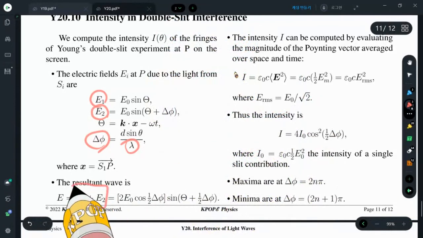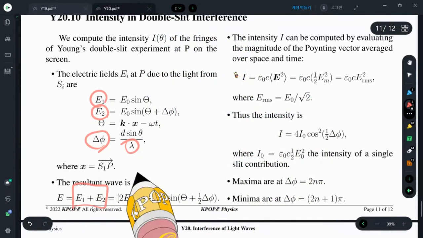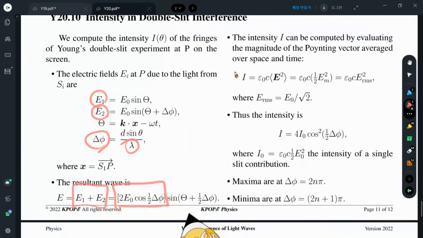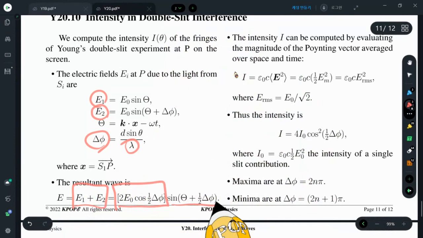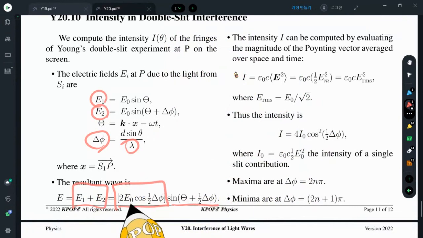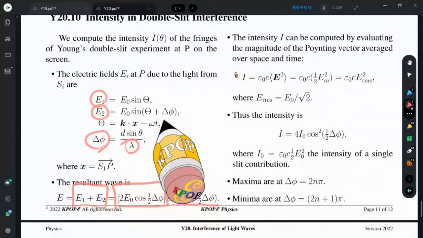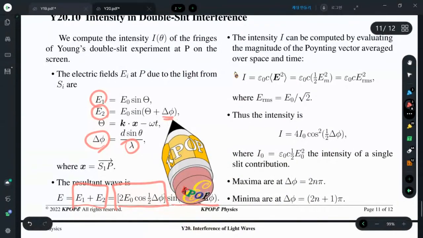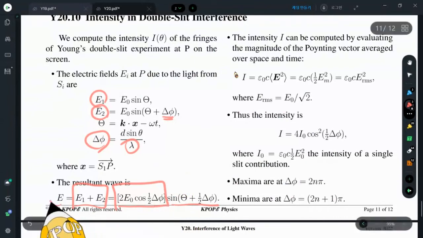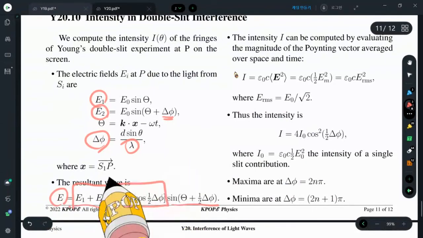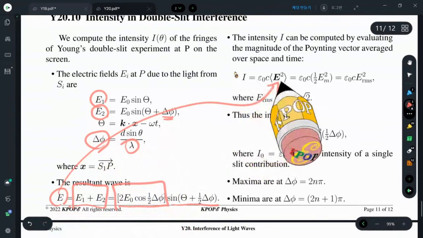And if we add these two waves, we know how to add two sinusoidal functions. The result is 2 multiplied by the original amplitude multiplied by cosine of half the phase difference. Using this, we substitute this electric field into the intensity.